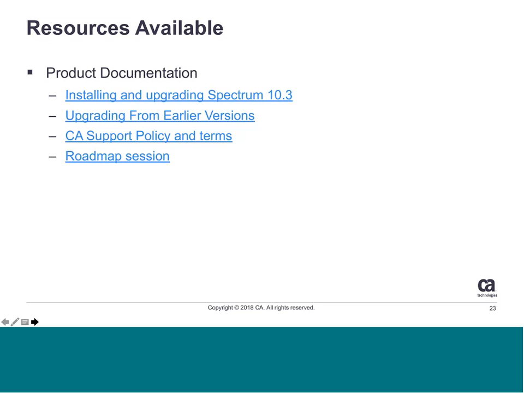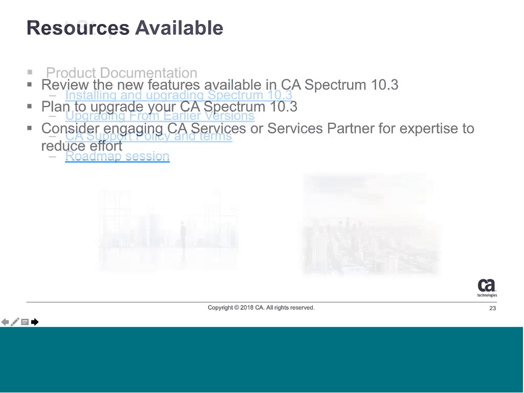I briefly touched on that, but attending a roadmap session would be really helpful to get that overall idea, and that helps you plan your network ahead as well, as we go about this journey of moving CA Spectrum within your network from an older release to the latest release.